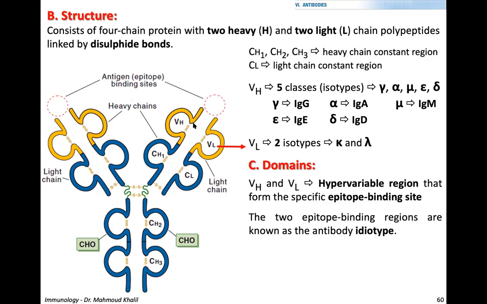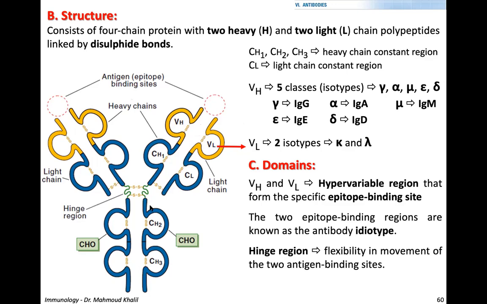When you collect both of them, it will be called the idiotype. And there is a hinge region which provides flexibility between this region of the antibody and the Fc region. You can see as well the location where the carbohydrate can bind to the antibody.